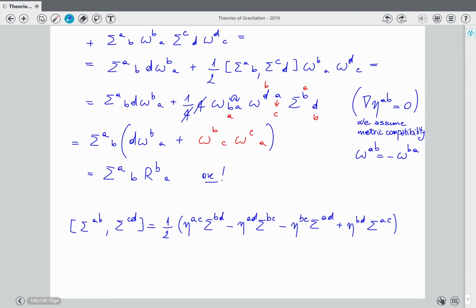So in some cases we will be able to derive the metric compatibility dynamically, if you want, from the field equations of the action.